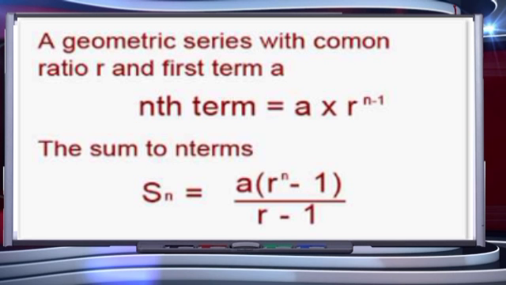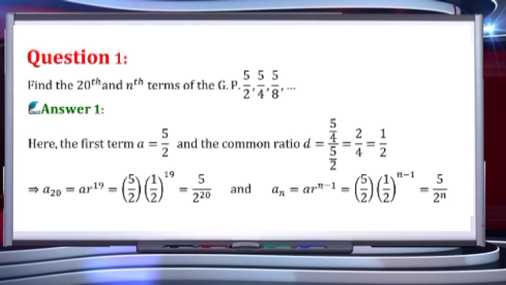So let us understand some of the questions based on geometric progression. The first question on GP is: find the 20th and nth terms of the GP 5 by 2, 5 by 4, 5 by 8 and so on. Students, you can clearly see our first term is 5 by 2, and in each case the next term is obtained by multiplying the previous term by 1 by 2.